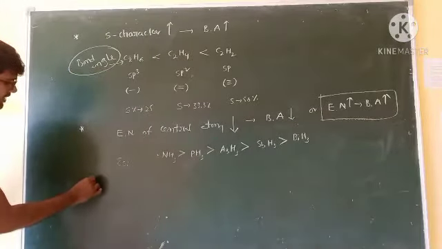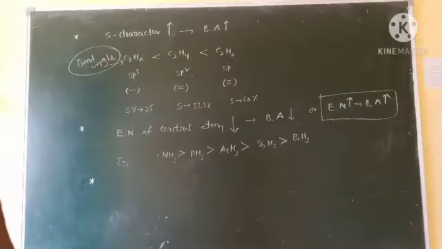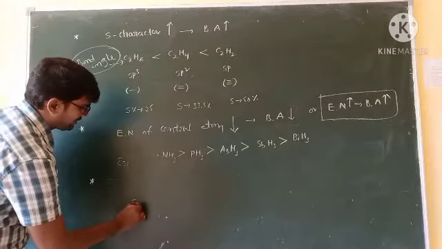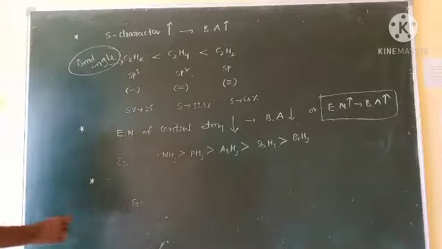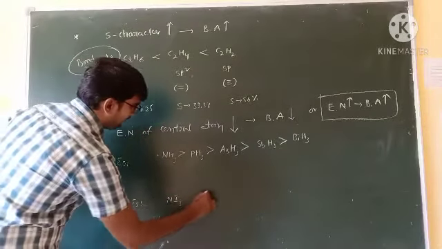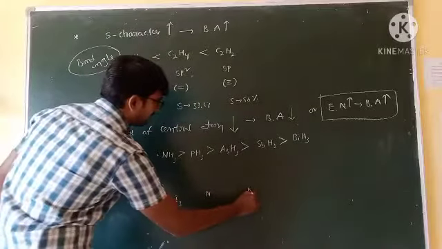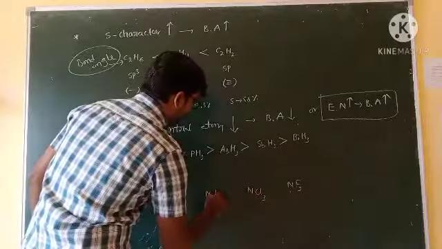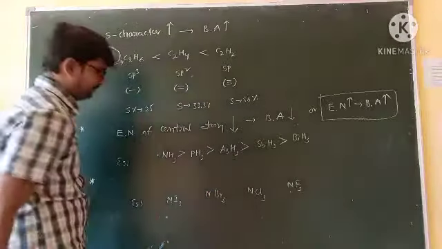Okay. Next, the same type of model, but this is a reversal. I will just explain the point. First, write the example for this one: NI3, and fluorine, chlorine, bromine.